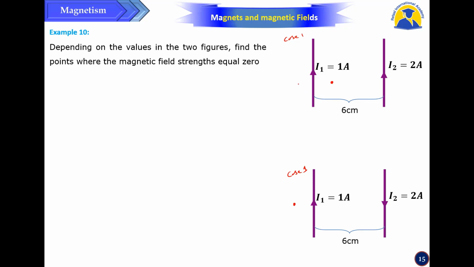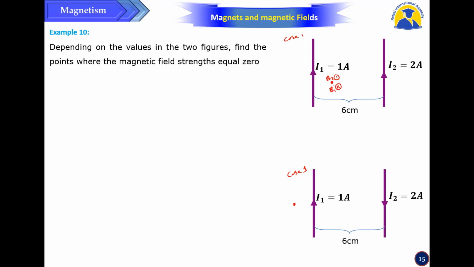Why? Because the direction of the magnetic field from the first wire, which is B1, will be inside the page, while the magnetic field from wire number 2 will be outside.